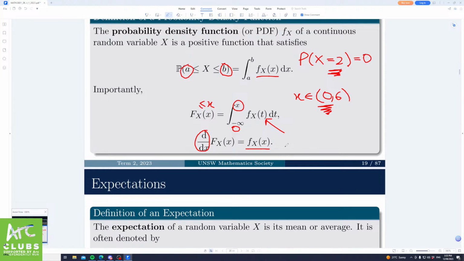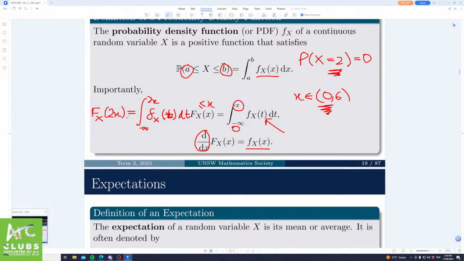And also by the fundamental theorem of calculus, if we had something like capital F of, let's say, 2x, we know that this would be equal to the integral from negative infinity to 2x this time of our PDF. Sorry, I should be using t.